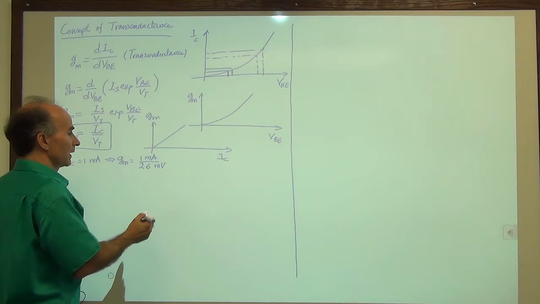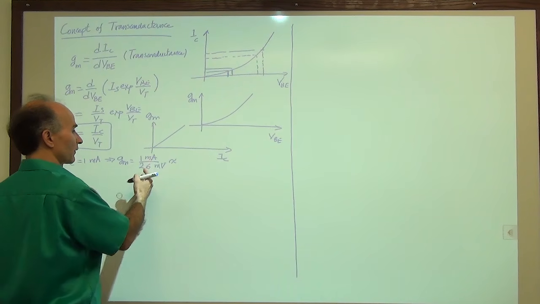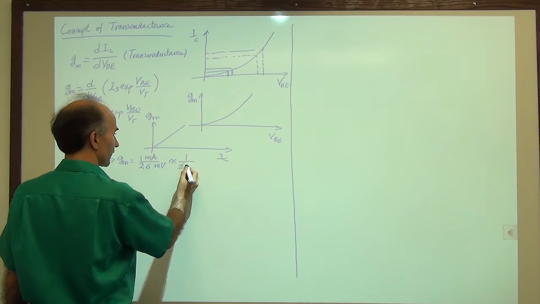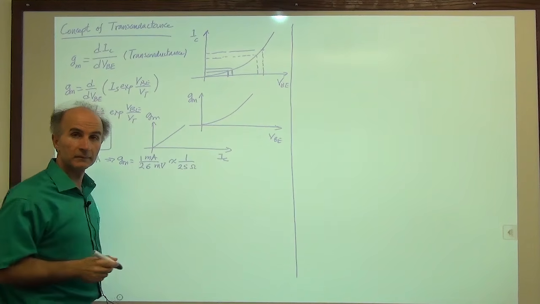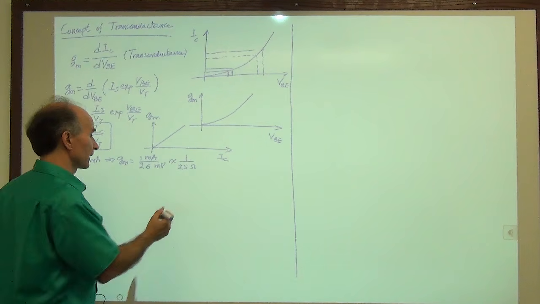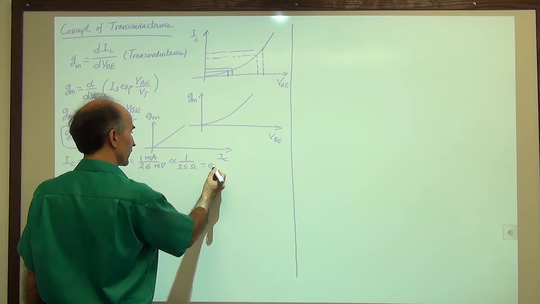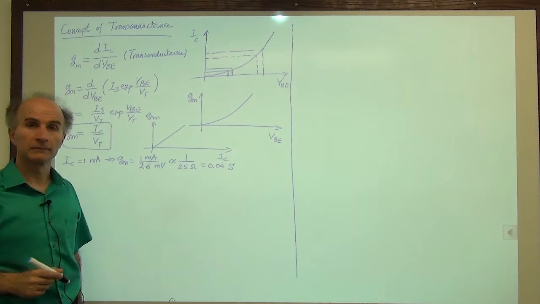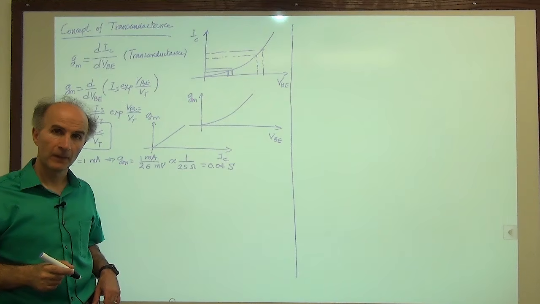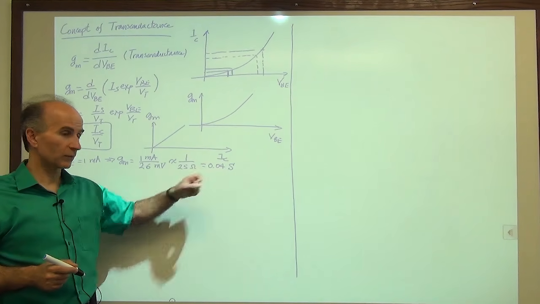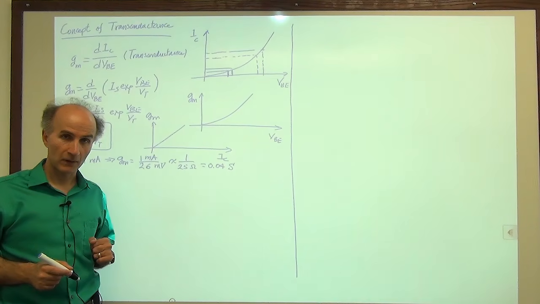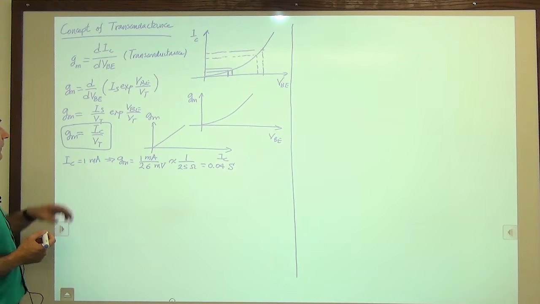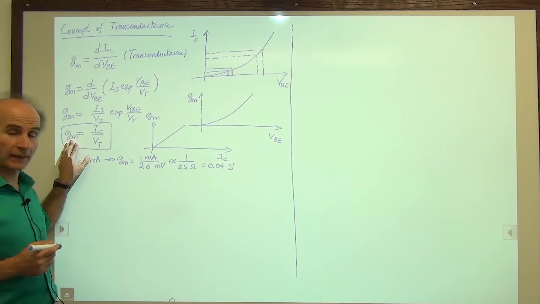Sometimes we approximate this by 1 over 25, so sometimes we write this as 1 over 25 ohms, or approximately equal to 0.04 Siemens. These are all the same thing. Sometimes we prefer to write it like this, sometimes like that. Doesn't matter. It's all the same thing.